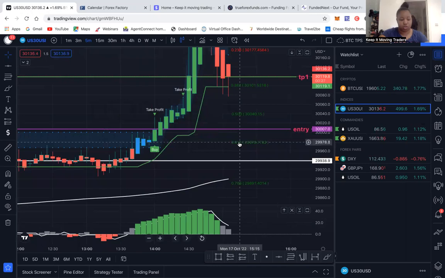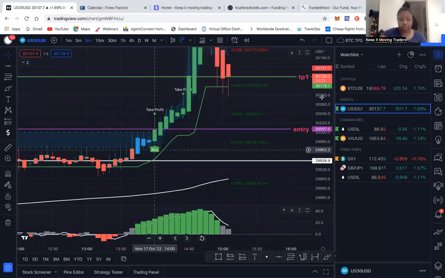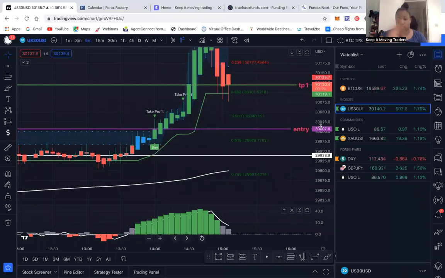Look what you could have done, guys. You enter right here for the buy. We're on the 5 minutes now. Without even moving the time frames, you could have entered on the 5 minutes and stayed on the 5 minutes with this strategy. You enter right here for the buy.